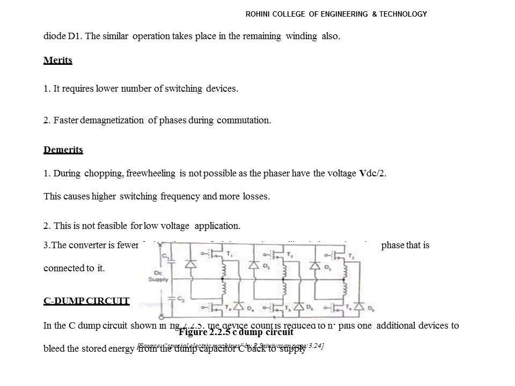Next one is the C-dump circuit. See, this is the circuit diagram for the C-dump circuit. In this circuit, the device count is reduced to N phase devices, and one additional device is used to return energy from the dump capacitor back to the supply via a step-down chopper circuit.